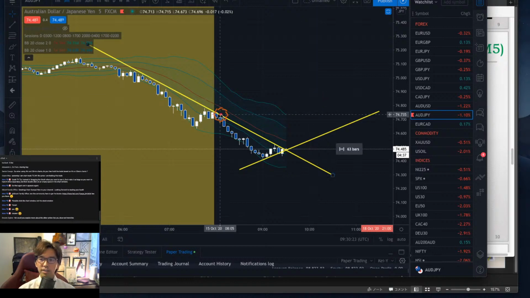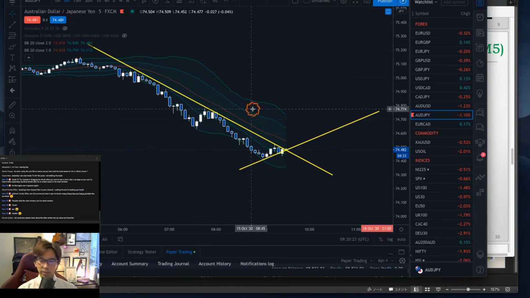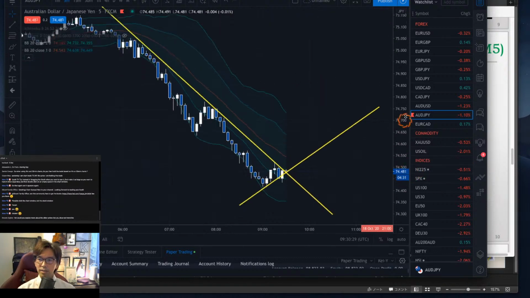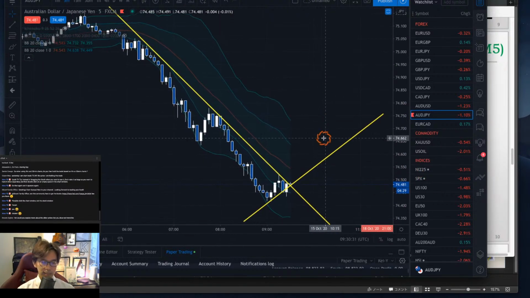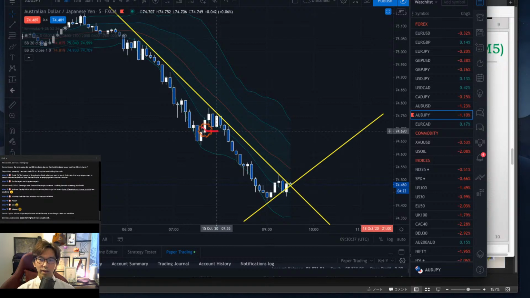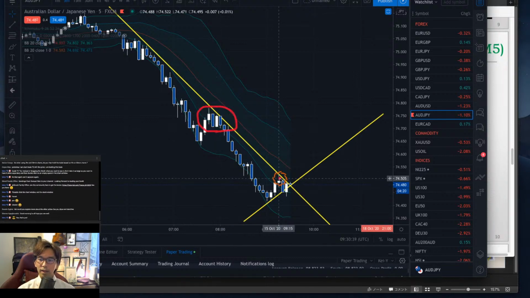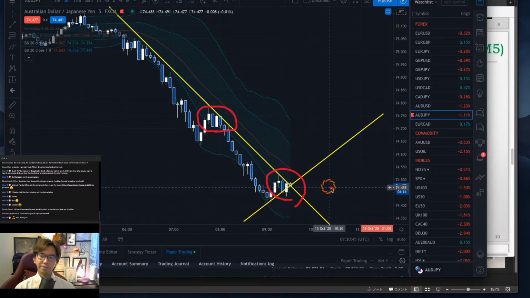Hold on, let me cancel these sessions now. The candlesticks break this deviation 1 over here, and right now it's actually breaking the deviation 1 upwards too.